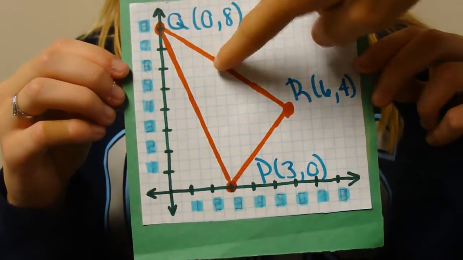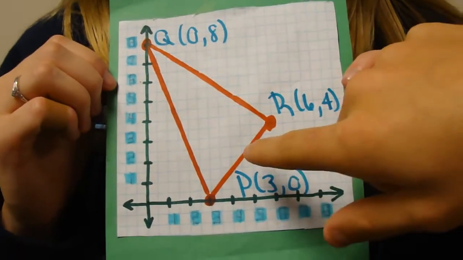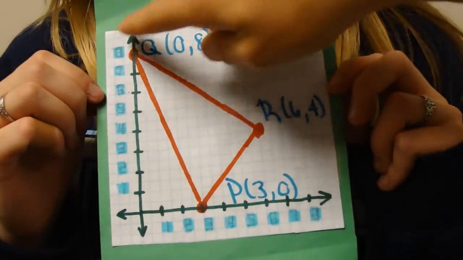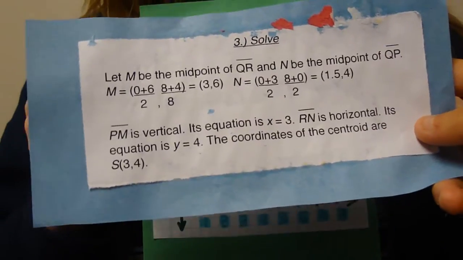M would be the midpoint of these 2 points, and N would be the midpoint of these 2 points. And once again, that is it solved.